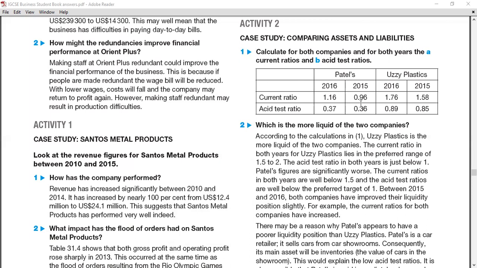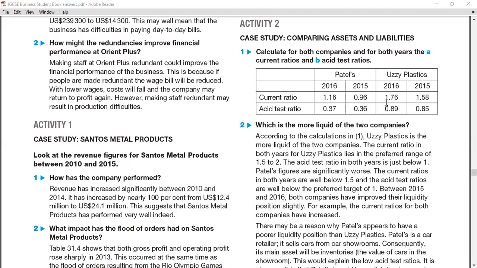In 2016 they improved the situation, but it's still below the ideal and below the satisfactory level. So Patel actually has a liquidity issue. USI is safe because they are maintaining above the satisfactory level, though not ideal.